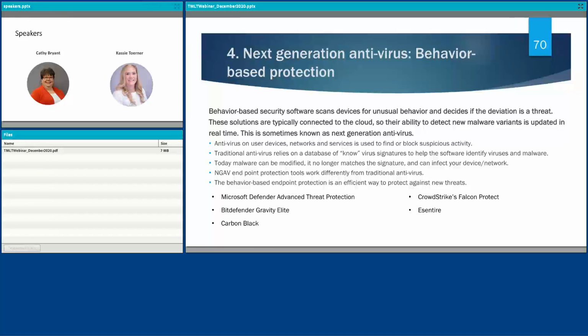So these new antivirus behavioral-based protections actually scan devices for unusual behaviors and decide if a deviation is a threat. These solutions are typically connected to the cloud, so their ability to detect new malware variants is updated in real time. Sometimes this is called next generation antivirus.